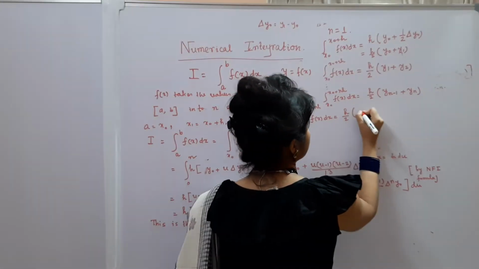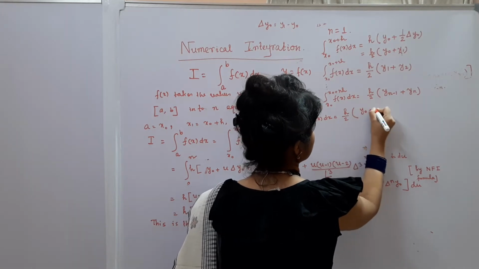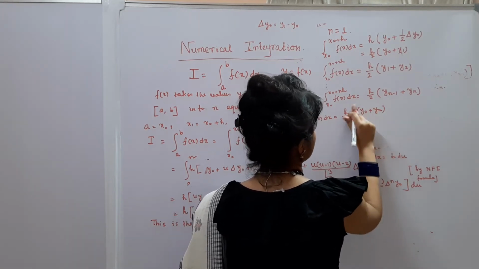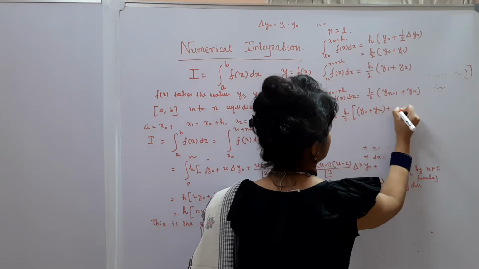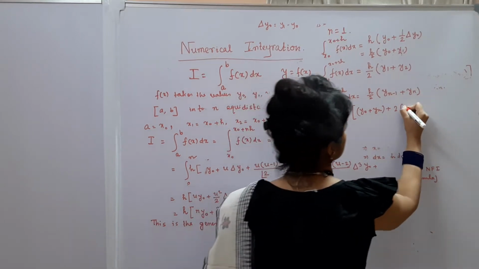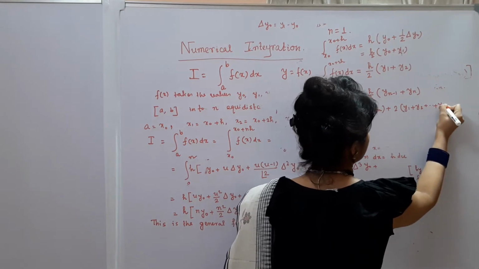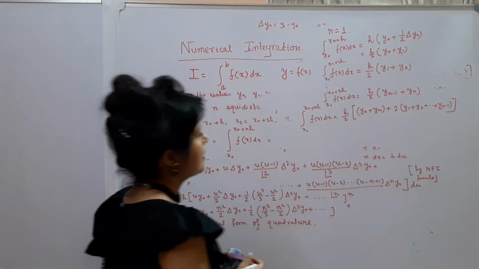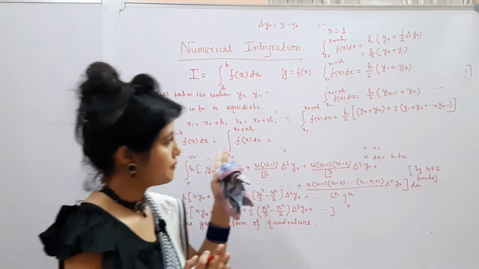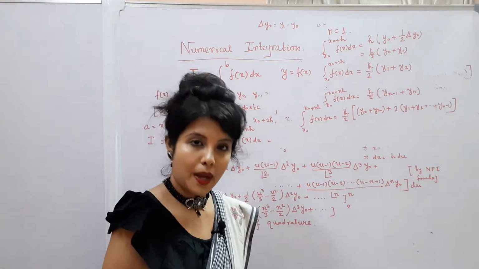So y0 plus yn appear once, and all the other terms appear twice: y1 plus y2 up to yn minus 1.